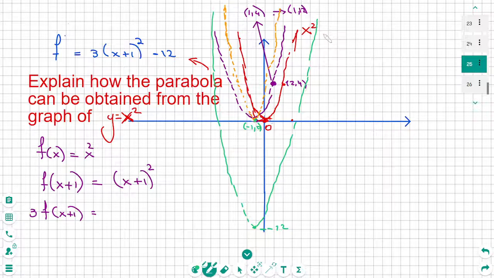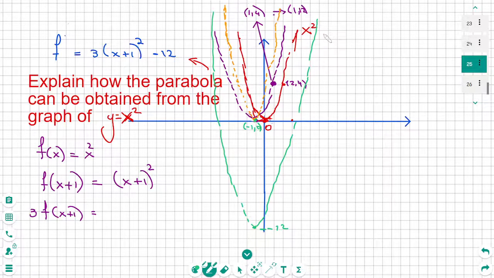Okay, this is the process of using graph transformations to sketch another graph. And both of these graphs are parabolas. Okay, so here I apply 3 transformations. I use one horizontal translation, one y scaling, and a vertical translation.